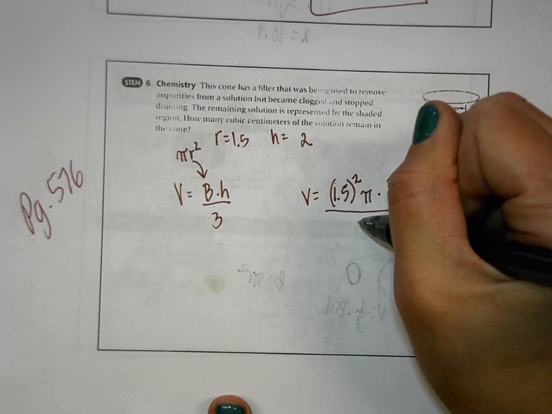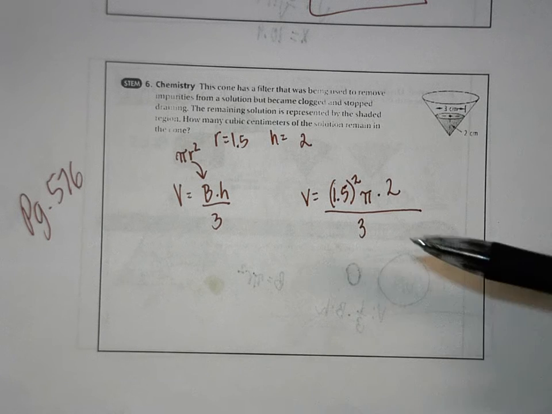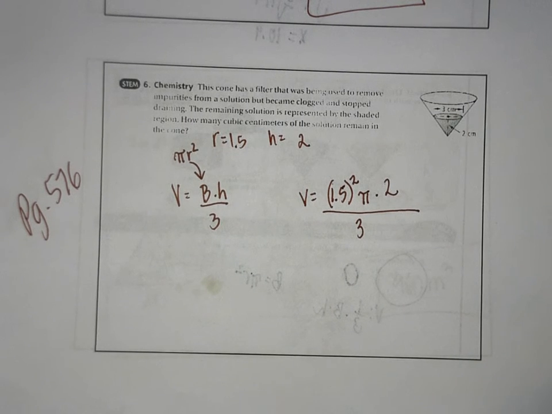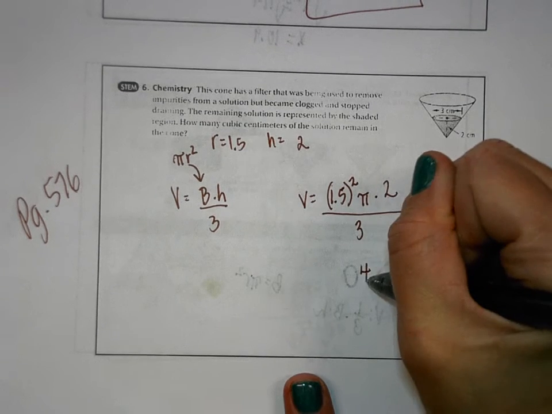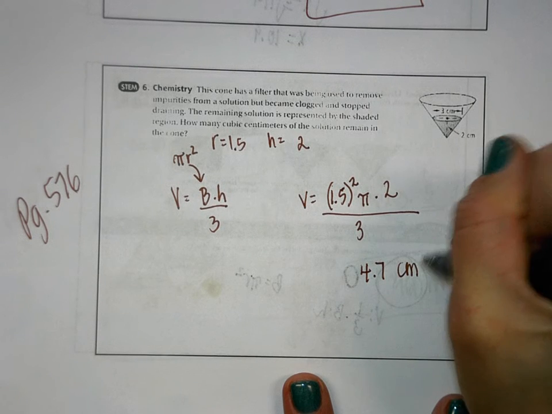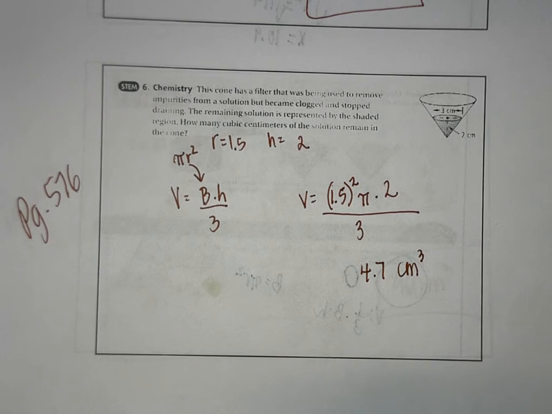I would multiply all those numbers into my calculator and then divide by 3 because 3 doesn't go into any of those numbers evenly. Okay, when you do that, what do you get? 4.7, I think so, right? I got 4.71.